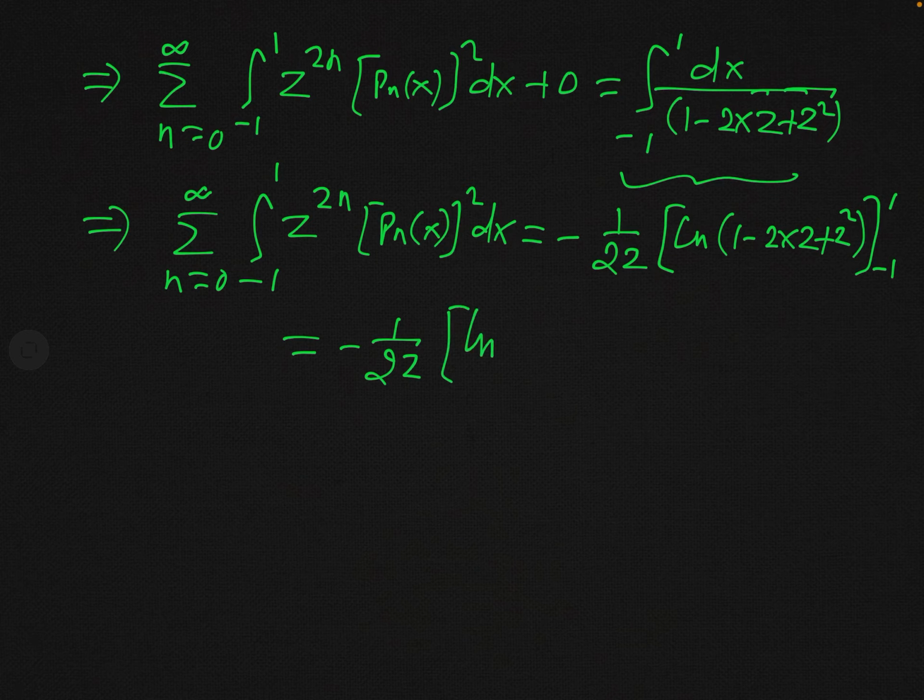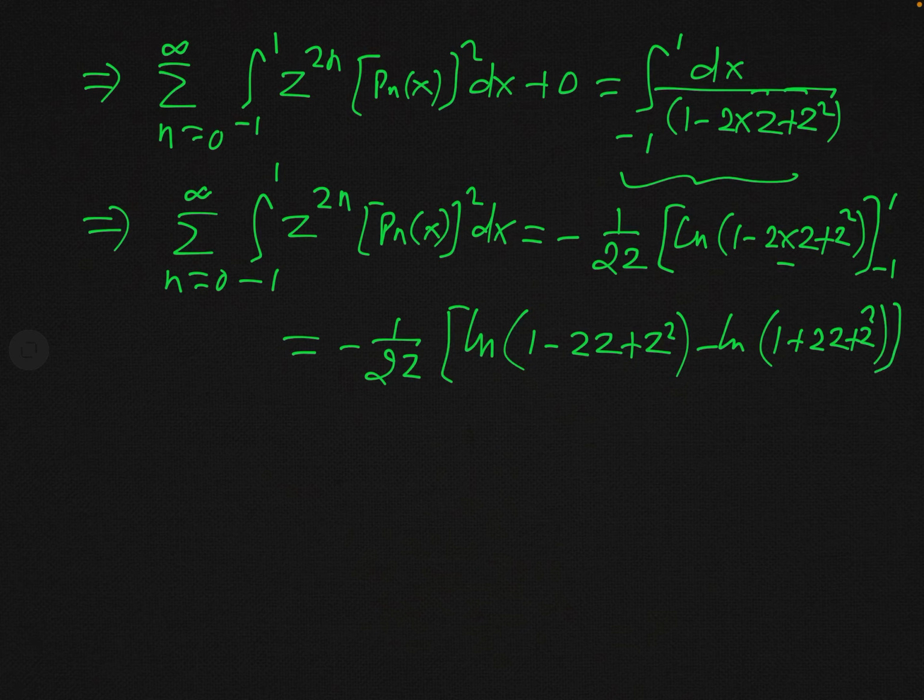So you can see what will be this result. This will be ln of 1 and x is 1, so this will be 1 minus 2z plus z square, and minus ln of, see here 1 and x is now -1, so this will be 1 plus 2z plus z square.